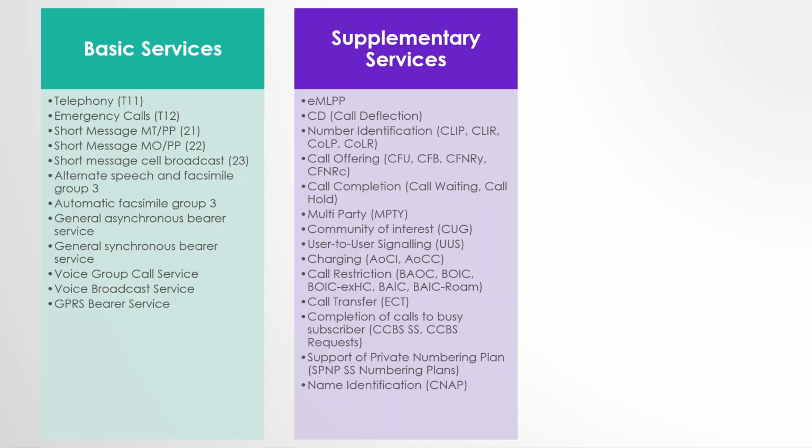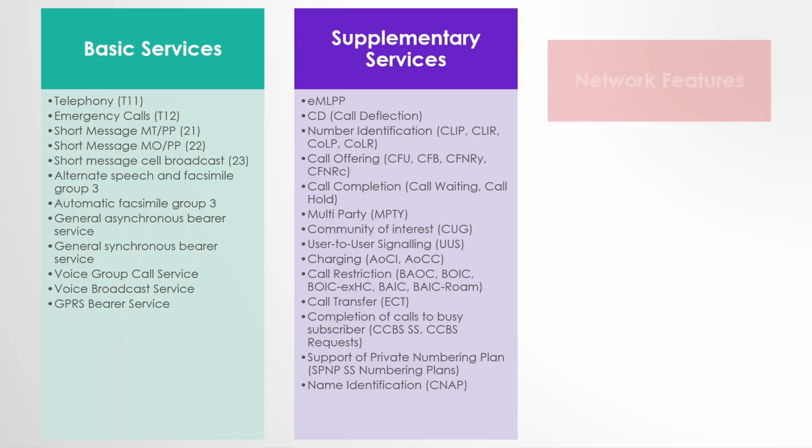Support for private numbering plan supplementary service enables a subscriber to use a private numbering plan for communication across one or more networks with mobile and fixed users. Name identification supplementary service enables the called party to receive the calling name information of the calling party.